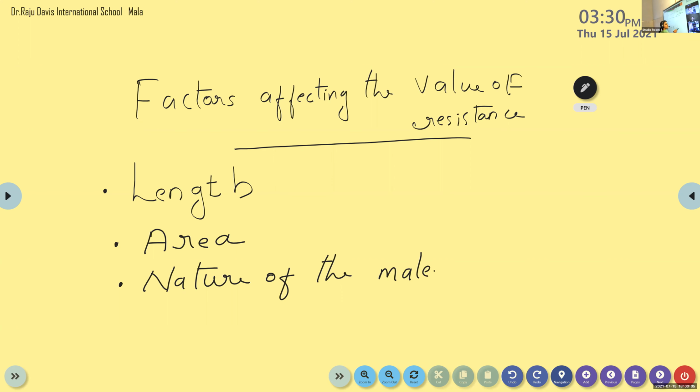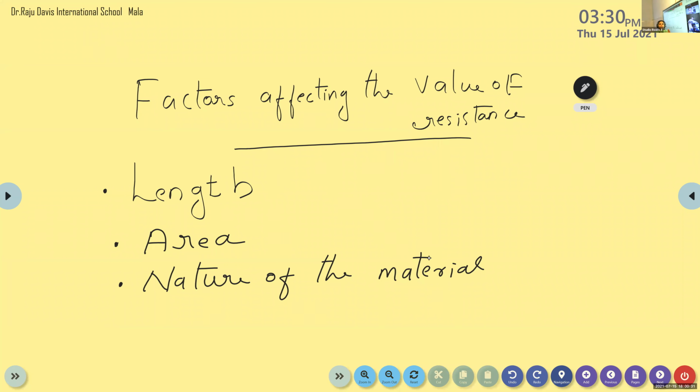Here the resistance of the copper wire is less than that of the nichrome wire. That is why here we get a large value of the current. Nichrome possesses a large value of resistance, that is why it has a small value of current, but copper possesses a small value of resistance, that is why the value of the current increases. So the value of resistance depends upon the nature of the material.